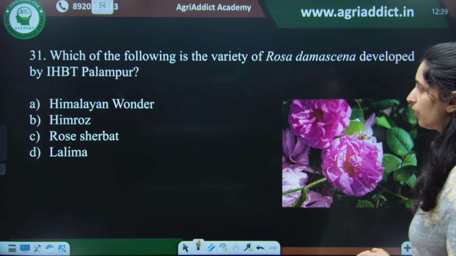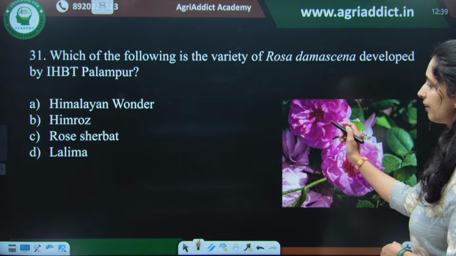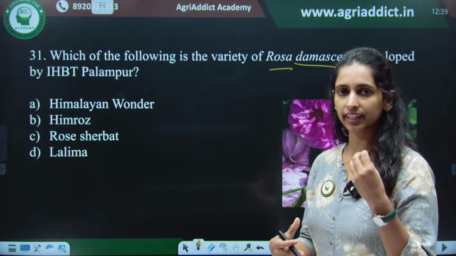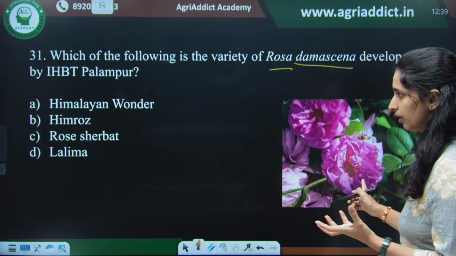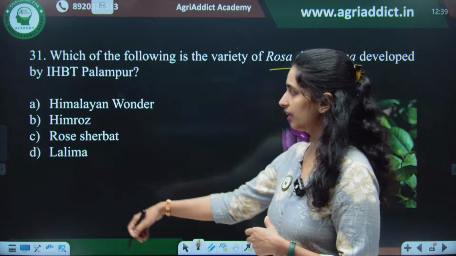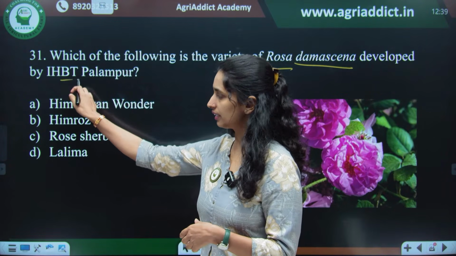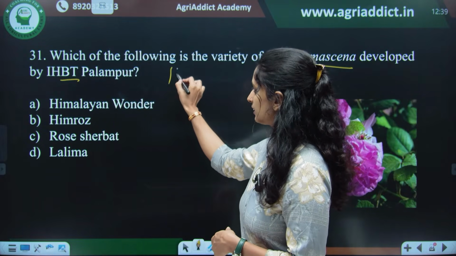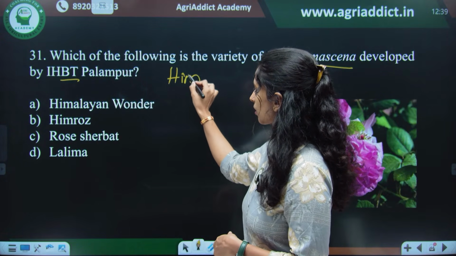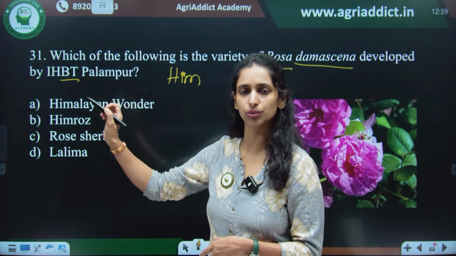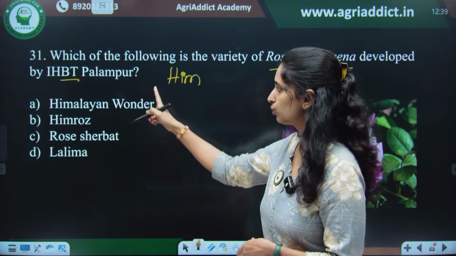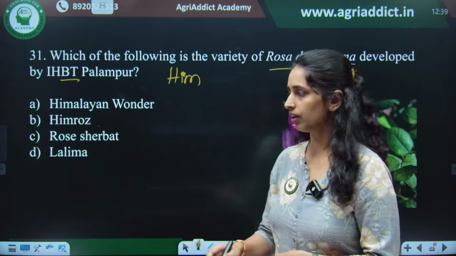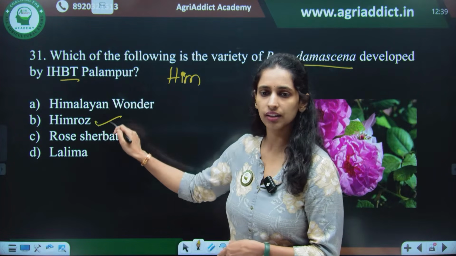31st: which of the following is a variety of Rosa damascena developed by IHBT Palampur? Rosa damascena is the fragrant rose, you can see in the photo. IHBT is mainly a hilly institution, so mostly their varieties start with Him, from Himalayan Bioresource Technology. Both of these are released from IHBT Palampur, but among Rosa damascena varieties, it is Him Rose.